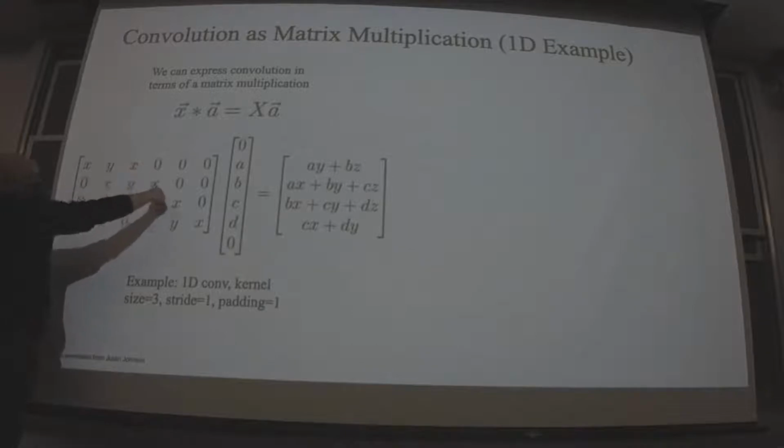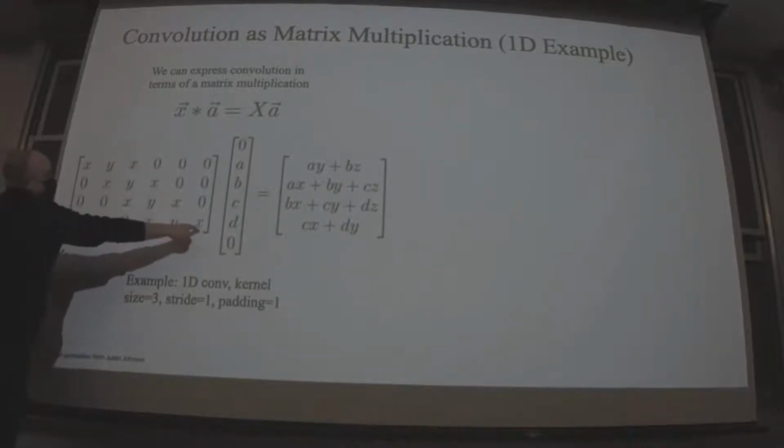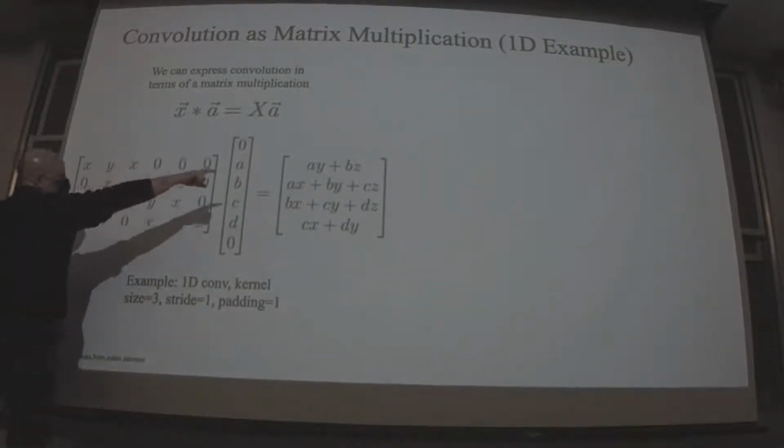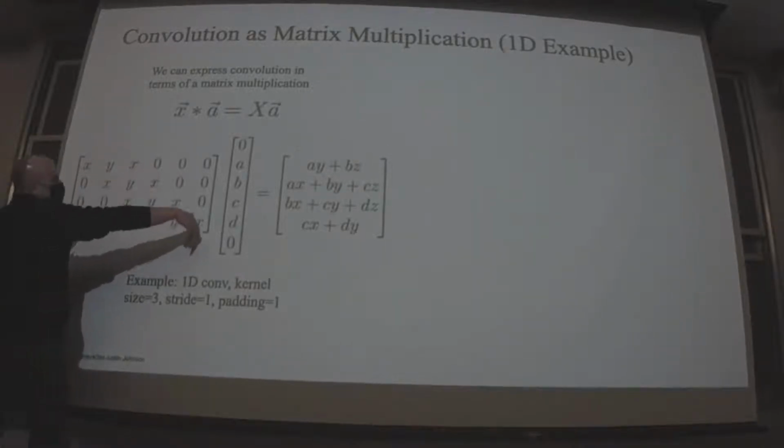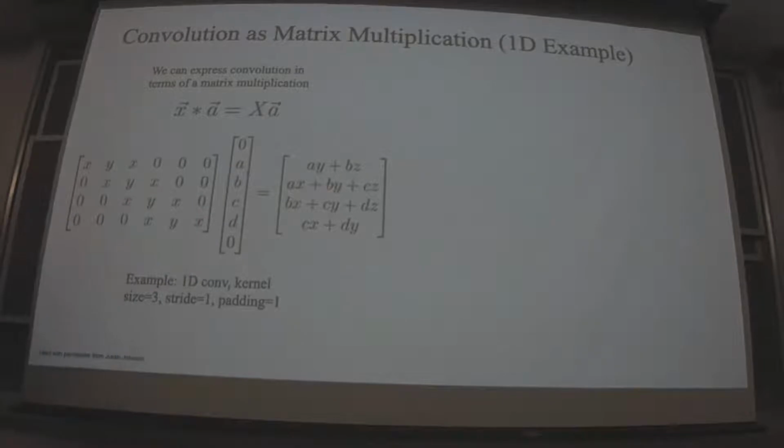Sorry, these really should be z's right here. This is just a mistake. It should obviously be x, y, z. So you have your data, you have your weights, and the convolution operation can be expressed as nothing more than a matrix multiplication here.